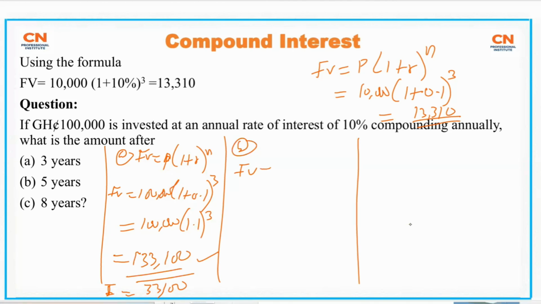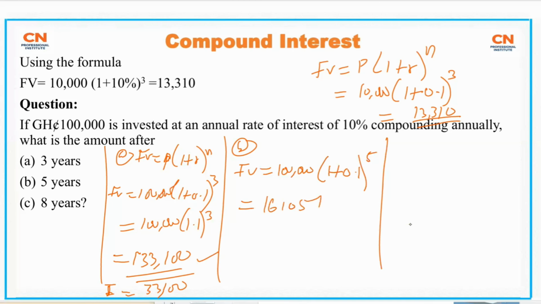So here we use the same formula: the 100,000 principal, then 1 plus the interest rate 0.1, but this time raised to the power 5. So 100,000 times 1.1 raised to the power 5 gives us 161,051, and this is the future value.